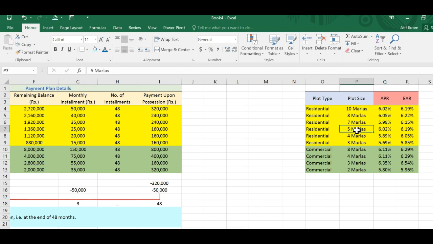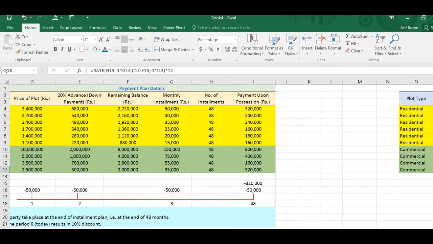As the property size goes down further, you're paying a higher rate, then a lower rate further. So it doesn't seem like there is a strong connection between the size of the property and the rate that you're paying on it. Nonetheless, it seems that the rate that you're paying on commercial properties is higher than that on residential properties.